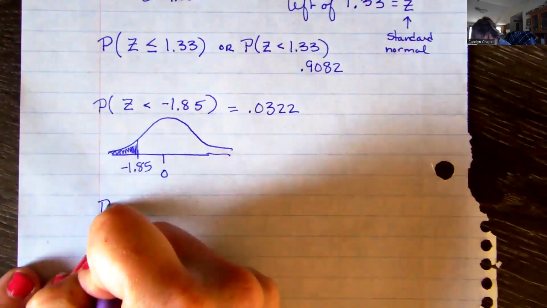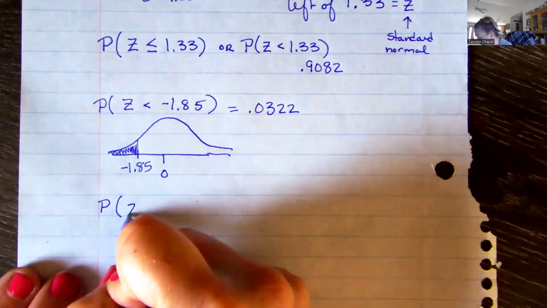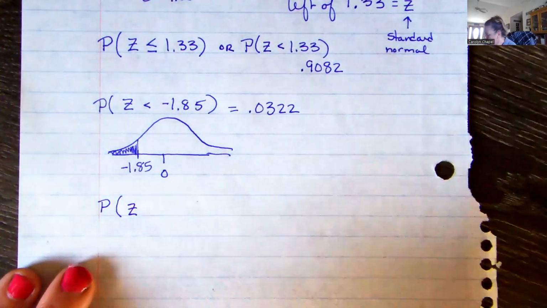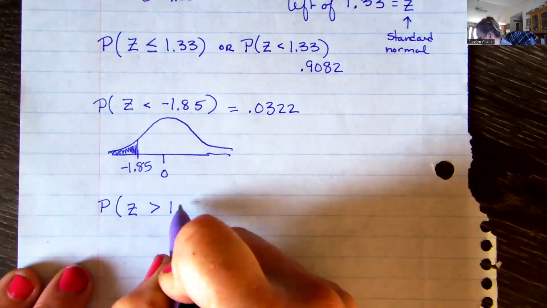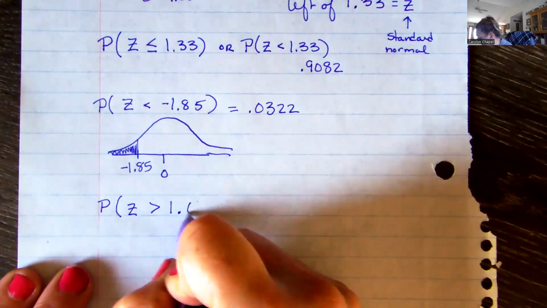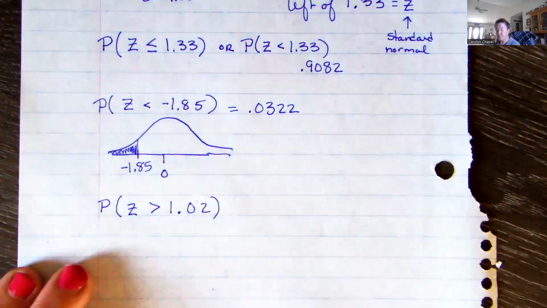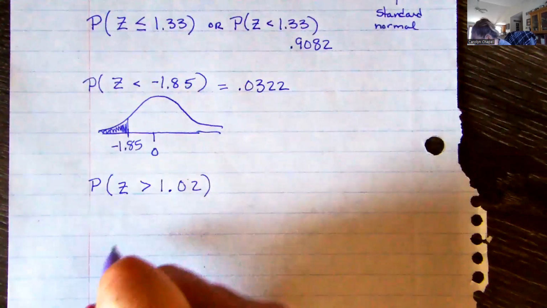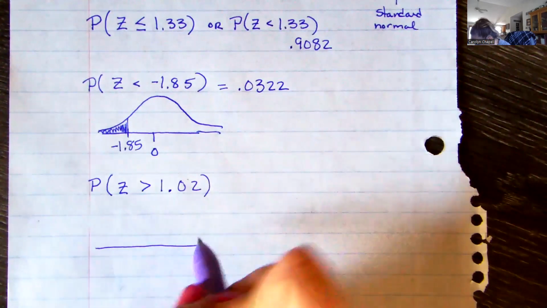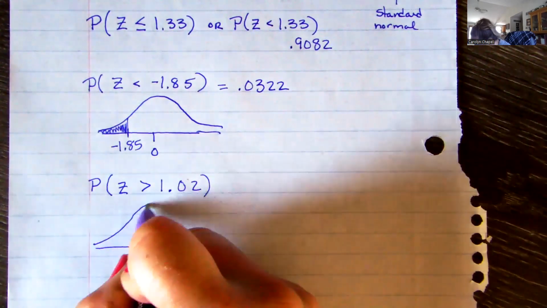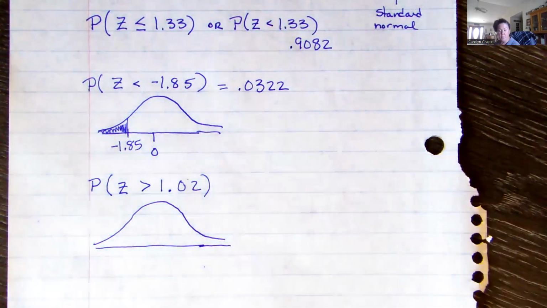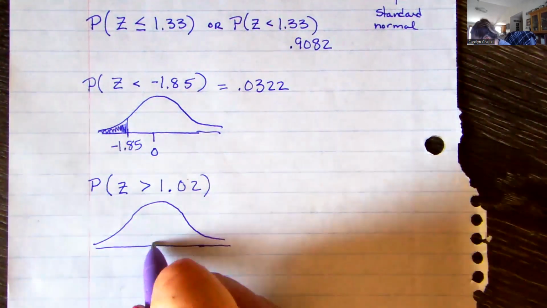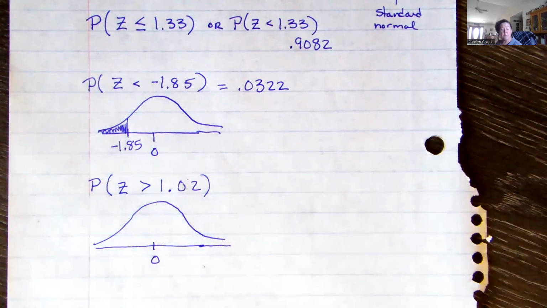All right. Let's do something a little different here. Let's do Z greater than 1.02. I'm going to draw a picture. There are a couple of ways to do this problem when I'm using the table.